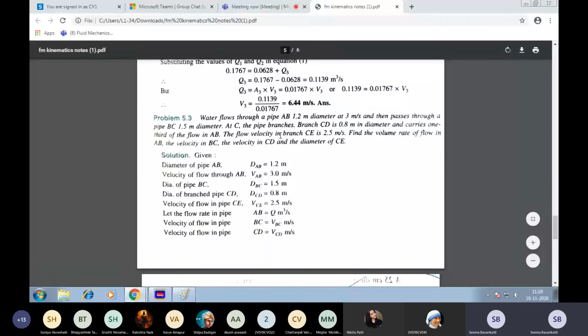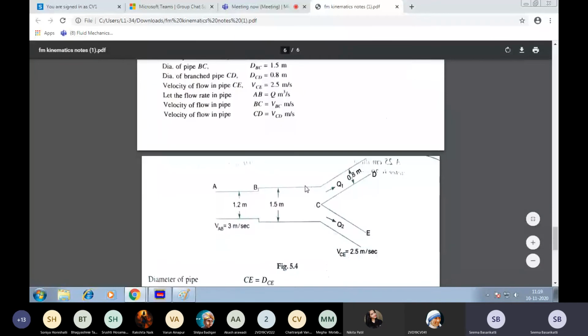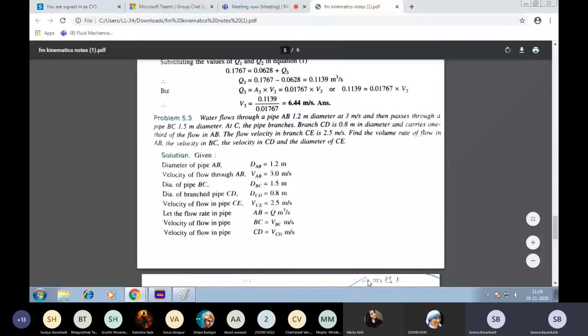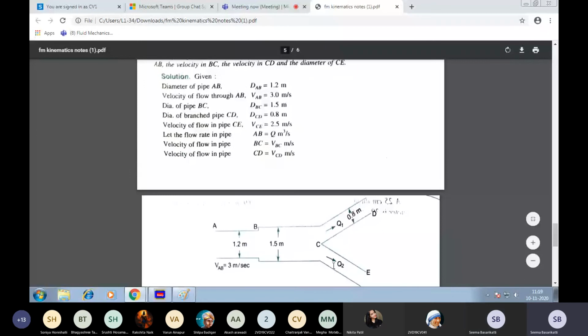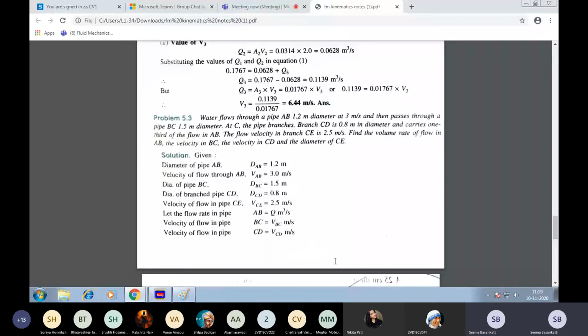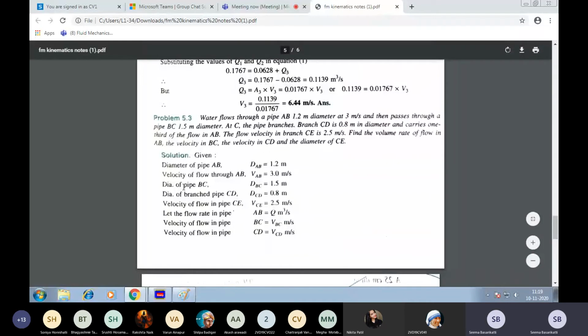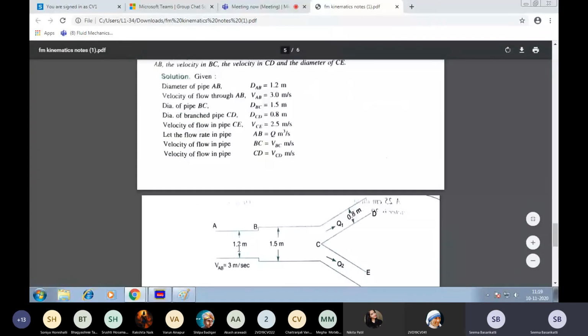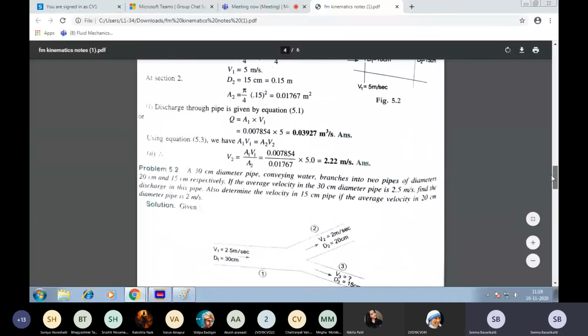The flow velocity in branch CE is 2.5 meter per second, but I don't know the diameter of the pipe. They have not given it. So find the volume rate of flow in AB. How are you going to identify the rate of flow?